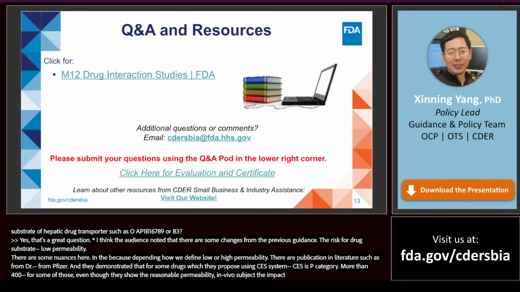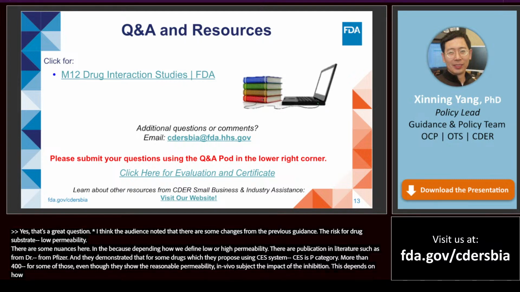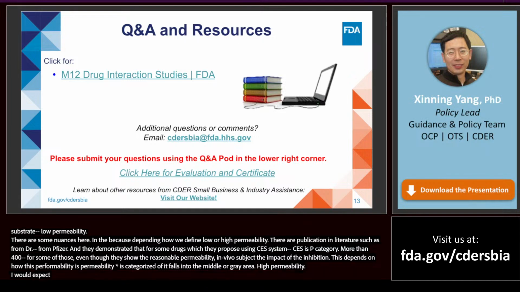But I would think this really depends on how this permeability, in vitro permeability, is categorized. I think this probably more falls into the middle area, the gray area. For a drug with quite a high permeability, I would expect the transporter, including OATP1B, to play a limited role.